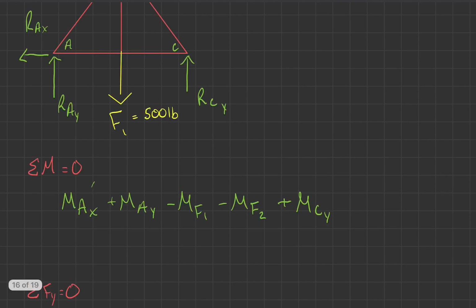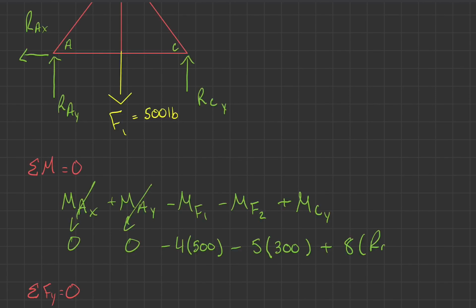So remember that both of these are going to go to 0 because the distance at point A is 0. So that one's pretty self-explanatory. MF1, remember that was 4, so it's 4 times 500. MF2 would have been 5 feet, so 5 times 300, and then plus 8 times RCY.